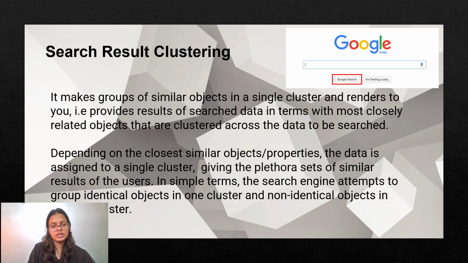Depending on the closest similar object or properties, the data is assigned to a single cluster, giving a plethora of sets of similar results to the users. In simple terms, the search engine attempts to group identical objects in one cluster and non-identical objects in another cluster.